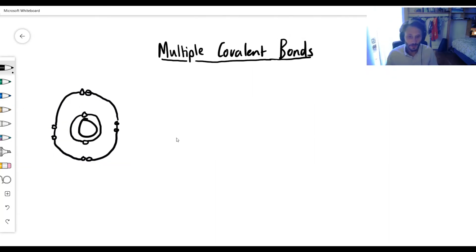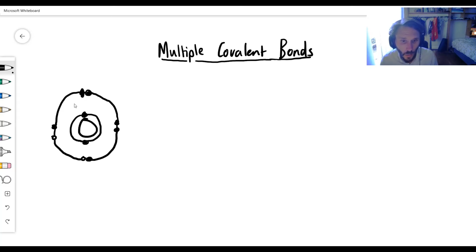So now we know that oxygen has 8 electrons. So let's fill them in. 1, 2, 3, 4, 5, 6, 7, 8. So we can see that oxygen has 2 available spaces to fill electrons.